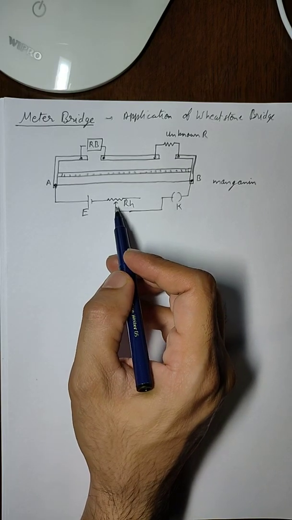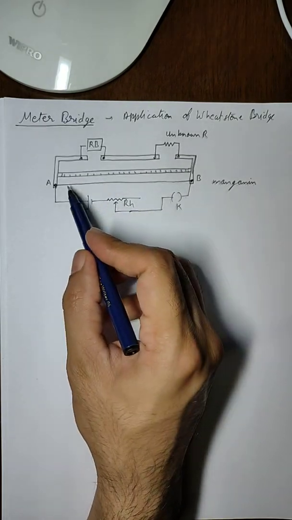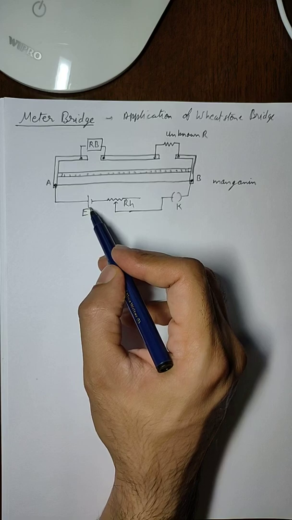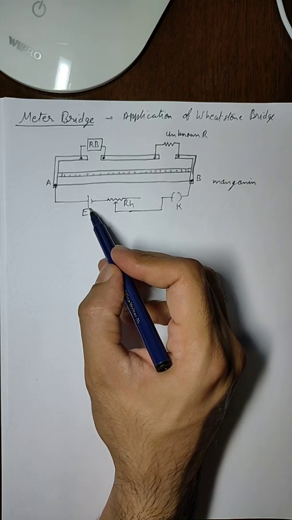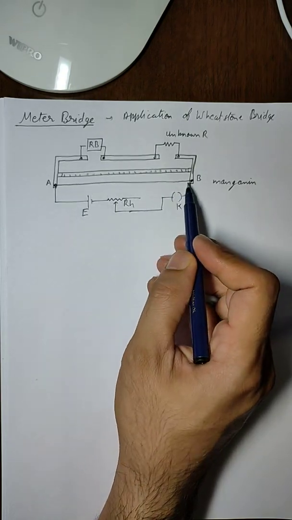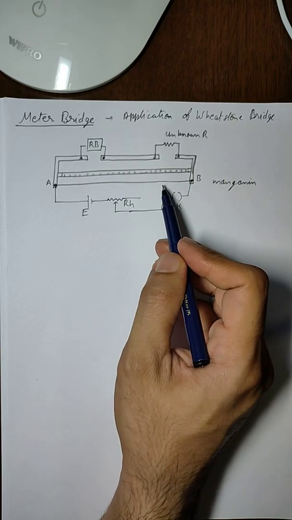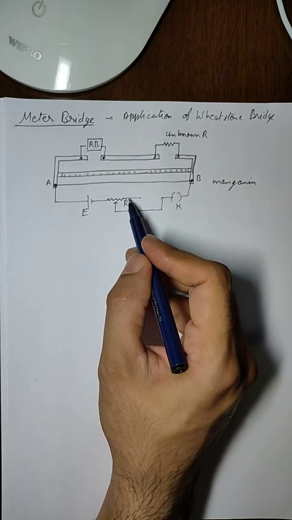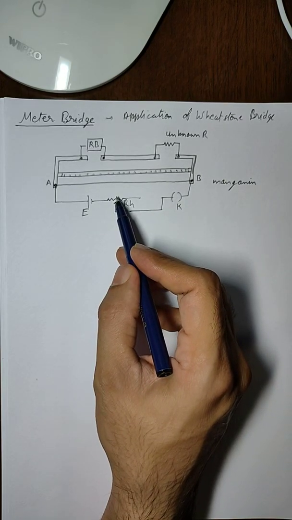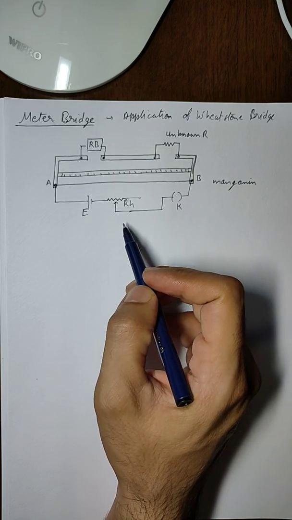It is generally connected to protect the wire from high voltages. So the voltage of this supply should be kept low, otherwise the wire gets heated very quickly, and the heat can change its length and area of cross section. So this rheostat is to keep the current at minimum.